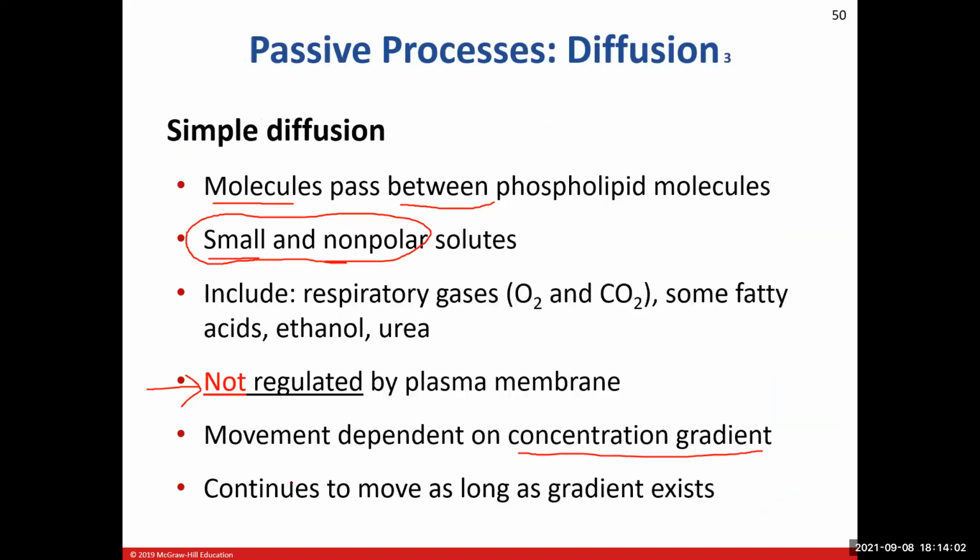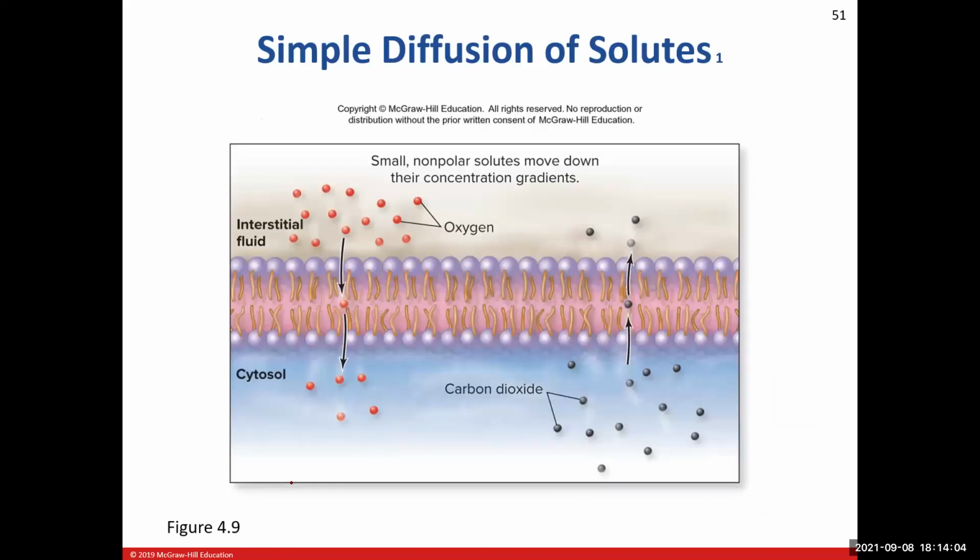Okay, so here's that picture of simple diffusion in regards to our respiratory gases. So if you look here, there's the plasma membrane. On the outside of our plasma membrane, in the interstitial fluid, that's the fluid that sits outside of the cells, we have a lot of oxygen.